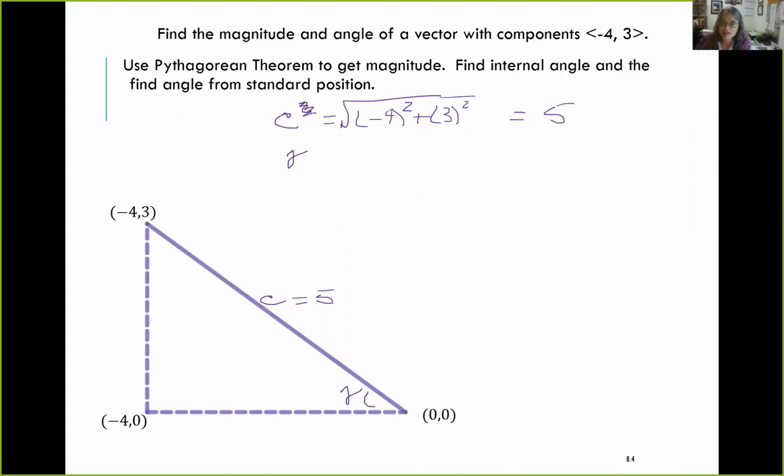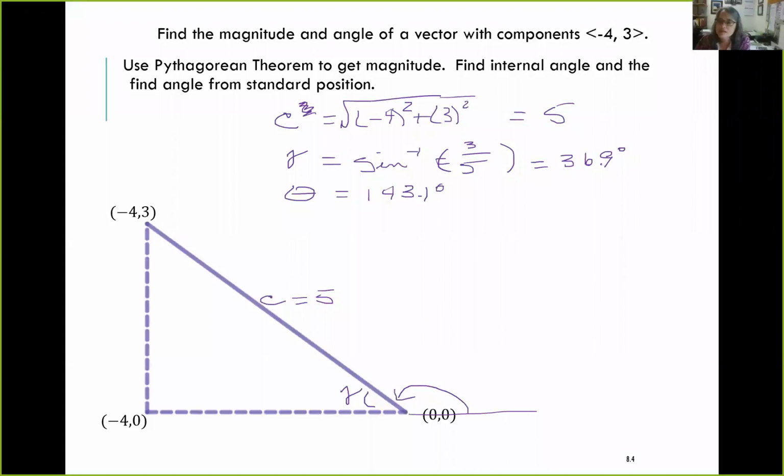Doesn't matter. That is going to be the inverse sine of 3/5, which is 36.9 degrees. But now remember, we want to define this from the positive x-axis. So our angle theta will be 143.1 degrees. So our vector will have magnitude 5 at an angle of 143.1 degrees from standard position.